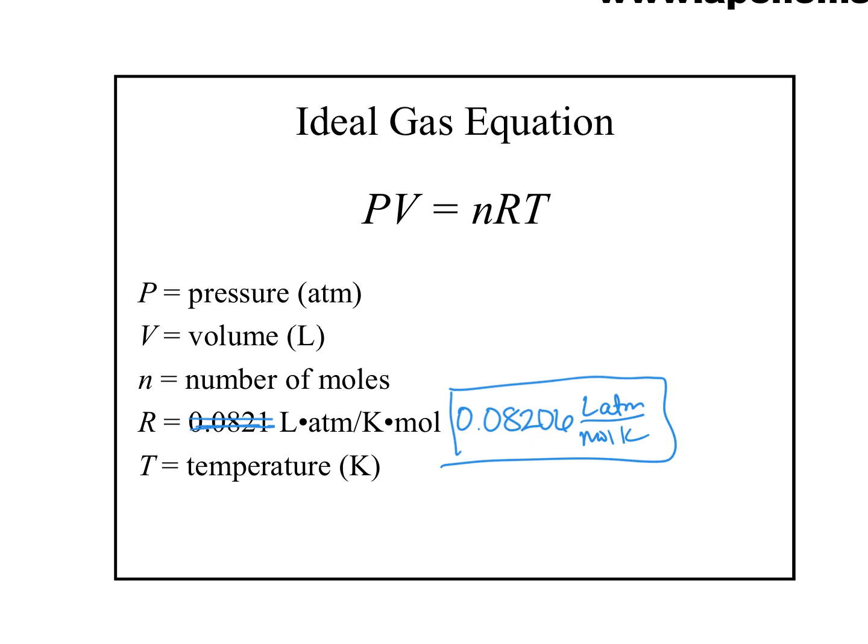It's the same constant, but the units are different. So you're going to need to make sure you understand which one to use and when to use it. Right now, since we're talking about gases, it's liter atmosphere per mole Kelvin. And our temperatures always have to be in Kelvin, so degrees Celsius plus 273 is how we're going to get to that.